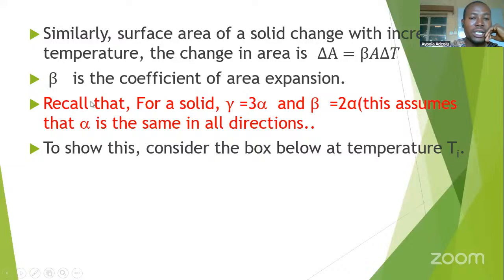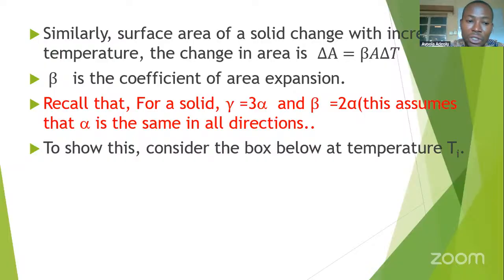So recall that for a solid, the coefficient of volume expansion is equal to 3 times the coefficient of linear expansion, and beta, the coefficient of area expansion of that material, equals 2 times the coefficient of linear expansion of that material.